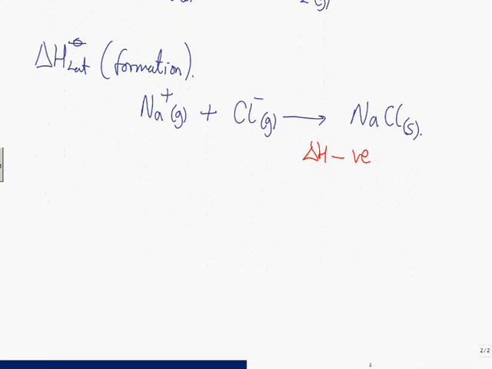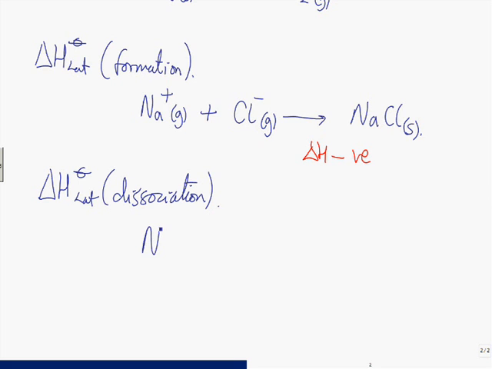But of course, the alternative is the opposite, the lattice enthalpy of dissociation. Now, in this case, we're starting with the solid sodium chloride, for example, and we're going to form gaseous sodium ions and gaseous chloride ions, like that.